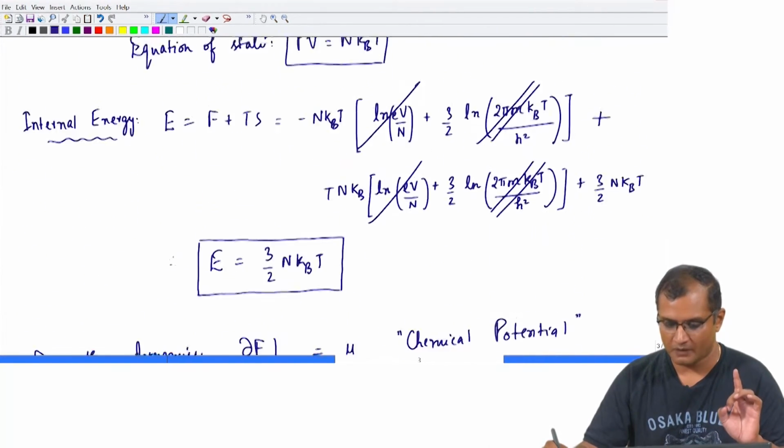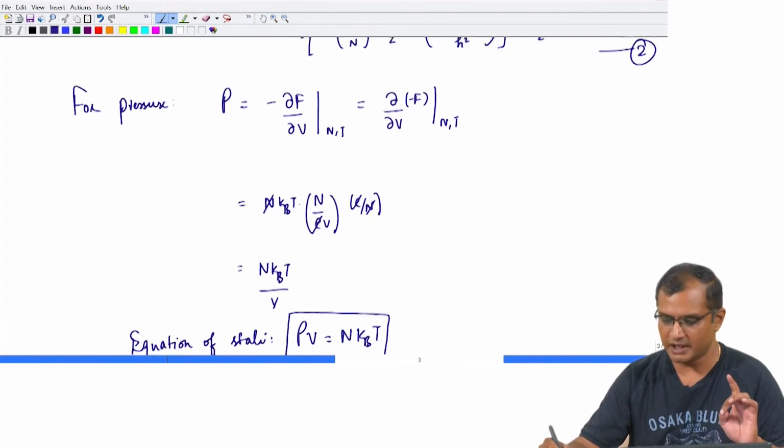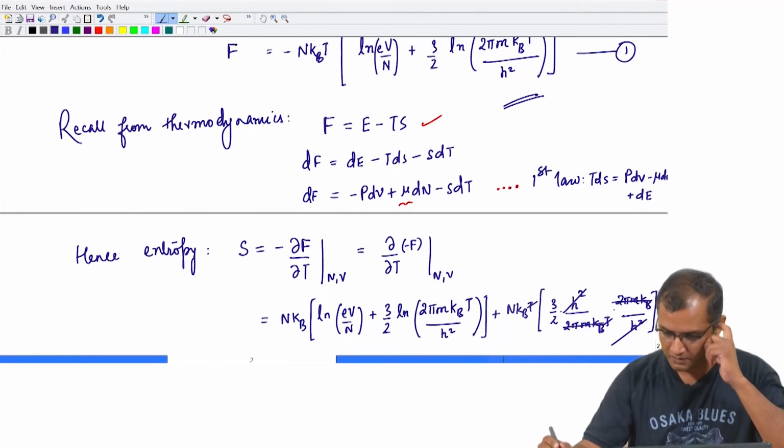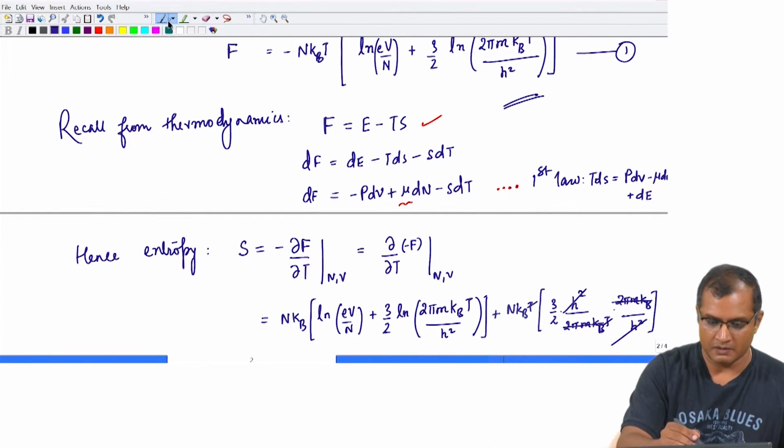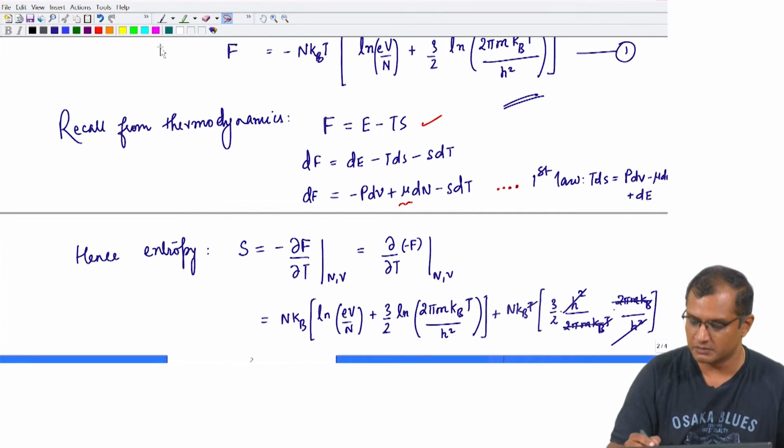Now, let me write down the differential form of the first law and tell you the meaning of it.